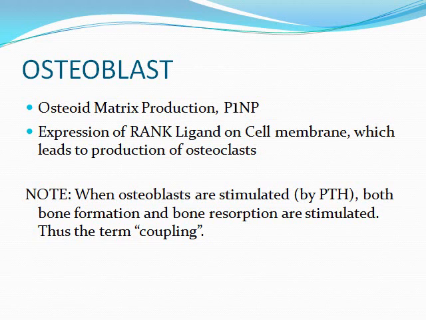The osteoblast also expresses a substance on the cell membrane known as rank ligand, and rank stands for receptor activator of nuclear factor kappa B. It's a mouthful, but basically rank ligand is a stimulant to produce osteoclast, converting macrophages in the blood to osteoclast.